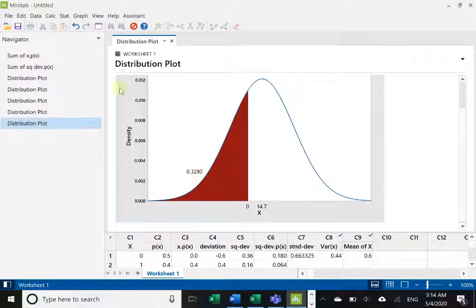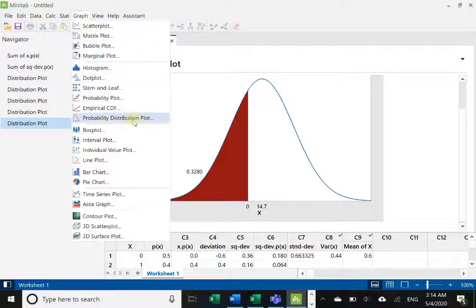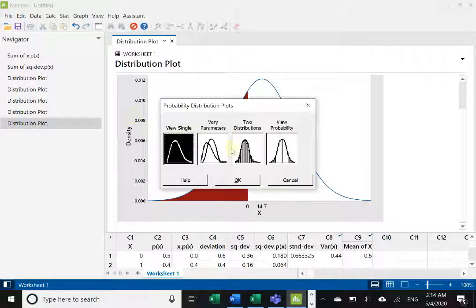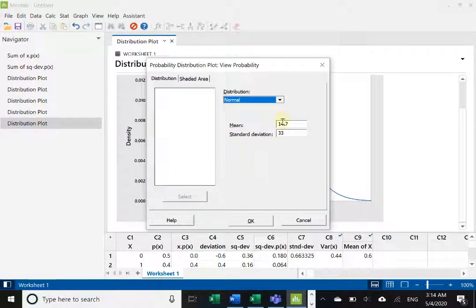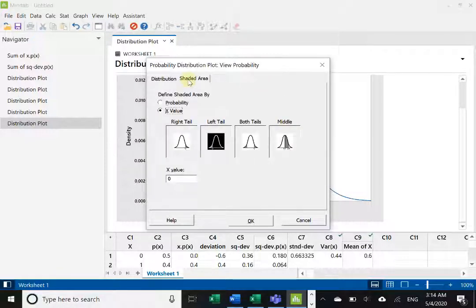Now, for the last part of that exercise, we go graph, distribution plot, view probability, okay. Same parameters of the normal distribution, same mean, same deviation. We're just going to change our shaded area. This time you want greater than, and there you go. Change that x to probability.